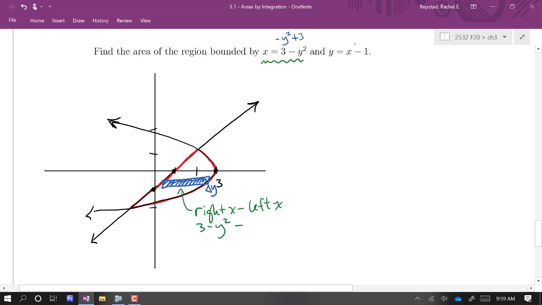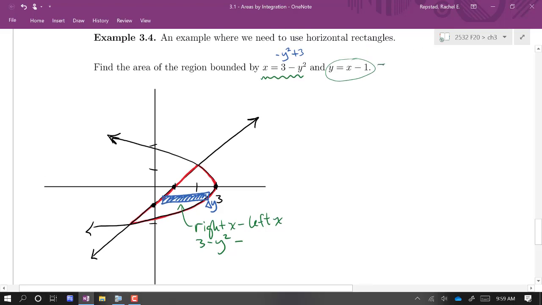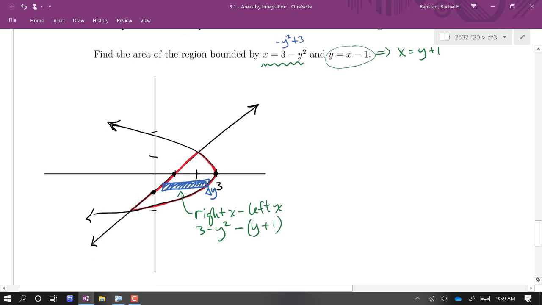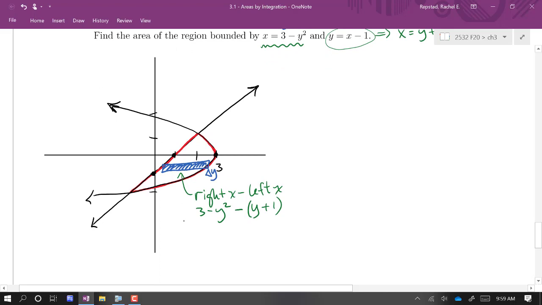The left x, we just do a tiny bit of algebra. Let's rearrange this to solve for x. If y is x minus 1, then x is y plus 1. So that's what we're going to subtract here. I'm subtracting the whole thing, so notice I've got parentheses. And simplifying this, we get 2 minus y squared.